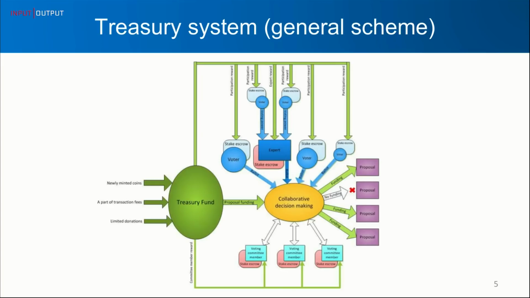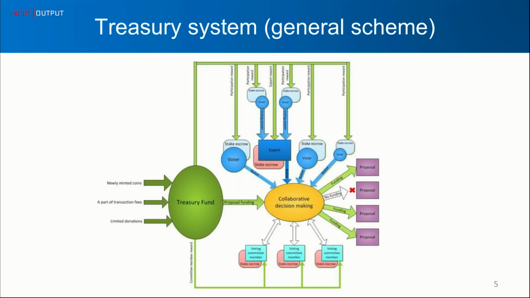But before I switch to the prototype description, let's talk a bit about the treasury model itself. The main idea is to provide the tools for the cryptocurrency community to control the funding of different projects. The basic scheme is very simple.